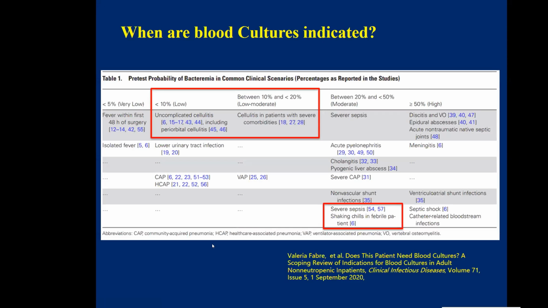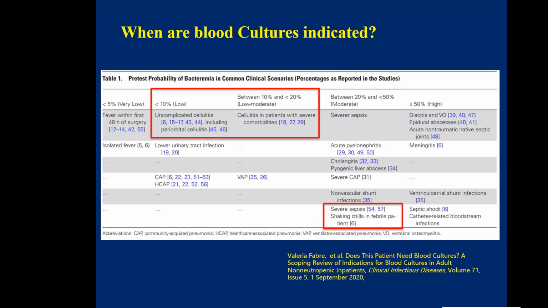To the question about the blood cultures, cellulitis, interestingly, is an infection that we treat empirically, and most of the time, like 85% or 90% of the time, we will not isolate a bug. We'll not know if we're treating strep or staph, unless the patient is very sick.